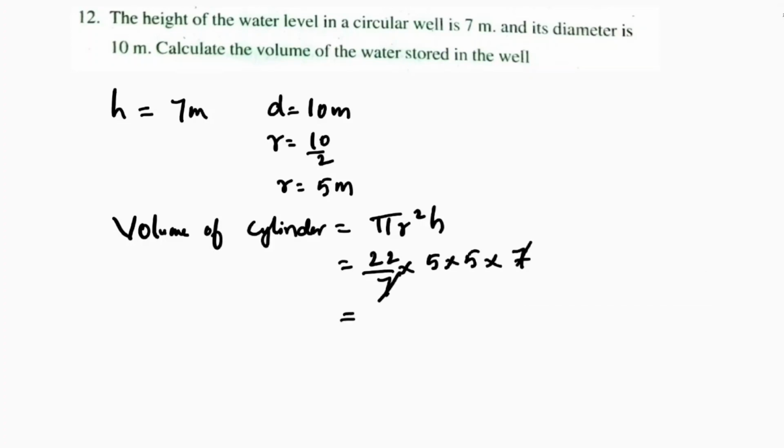So you'll get 22 into 5, which is 110. So 110 into 5 is 550. Or you can do directly 22 into 25, which is 550 meter cube. So the volume of water is 550 meter cube.